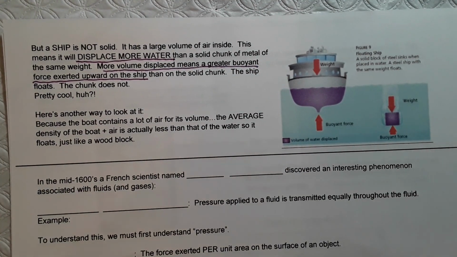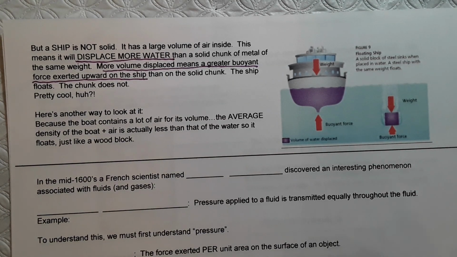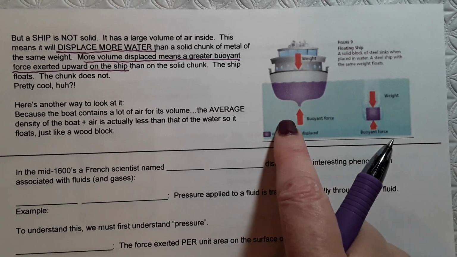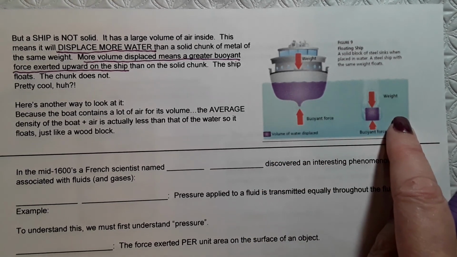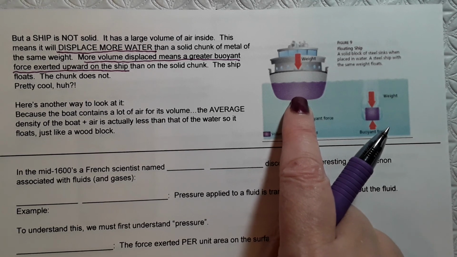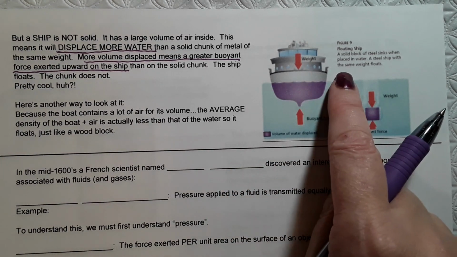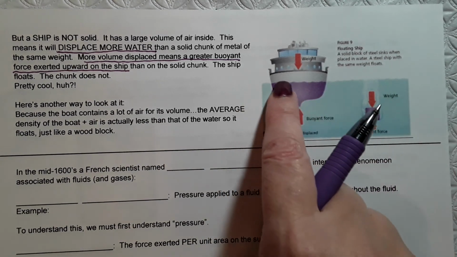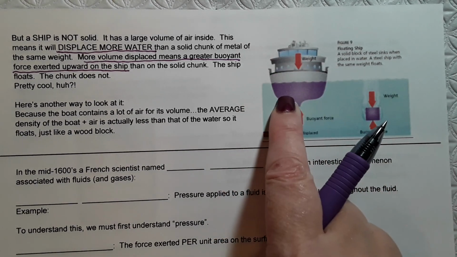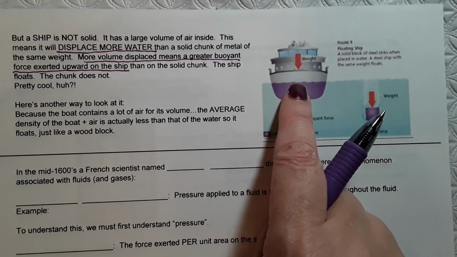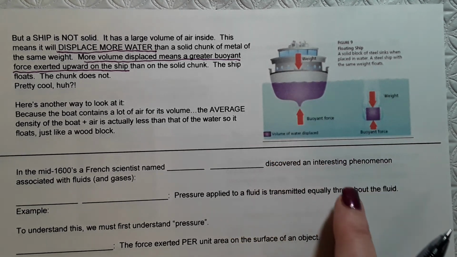Now there is another way to look at it, and that's in terms of density. You know, we said objects that are less dense than water will float. Well, how is the density less here? Well, you have to average it, all the air and all the metal. If you average the density of that huge volume, it's actually less than water. So the boat floats.